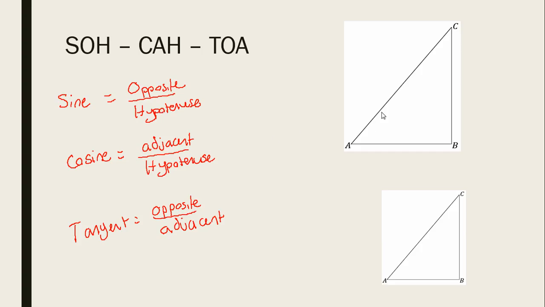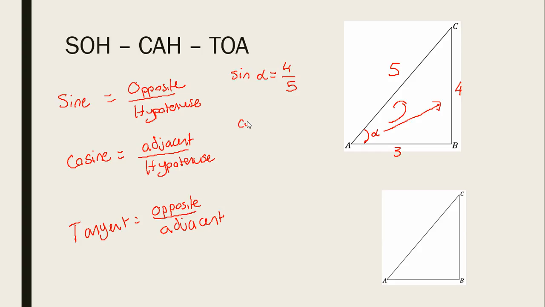So for example, if we take this triangle here, let's say that this side is 3, this side is 4, this side is 5, and you were asked to find the sine of angle A, and let's say it's alpha, we have the sine of alpha is equal to, well, the opposite of alpha is 4, and the hypotenuse, of course, is just the longest side, which is 5, so sine of alpha is 4 over 5.